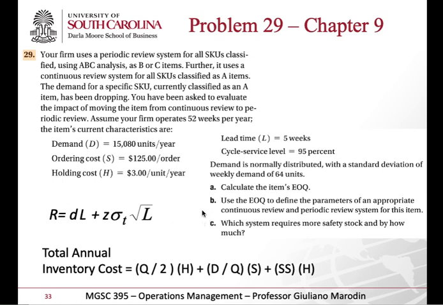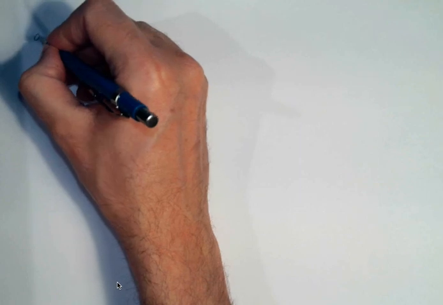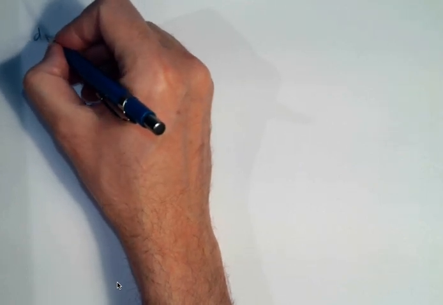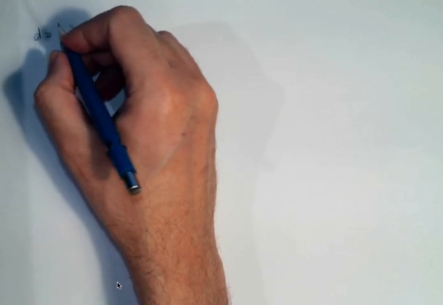You can also, instead of watching the video, go and open the solutions that are available in a Word document. Okay. So the first thing that we need to do is to calculate the weekly demand. Okay, so the weekly demand is going to be lowercase d.